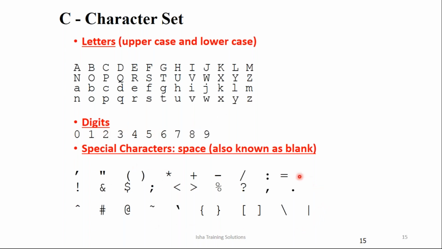And these special characters will be accepted by the C program: comma, double quotes, open bracket, open curly bracket, closing curly bracket, star, plus, minus, division, colon, equal to, exclamation mark, and symbol, dollar, semicolon. These are the different special characters a C program will consider. They can be called keywords or key characters, whatever it might be.